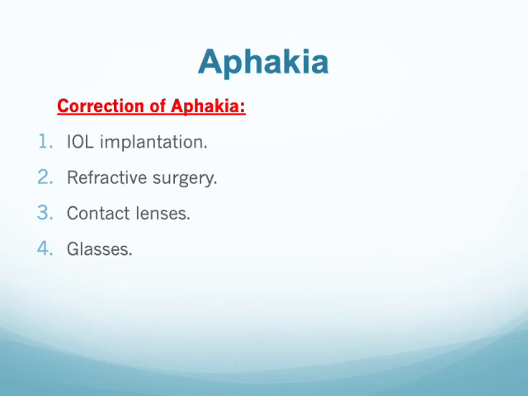Correction of aphakia: the best is the intraocular lens implantation. If you have a good posterior capsule, you can implant in the posterior chamber, which is ideal, or in the anterior chamber, or a posterior chamber iris or scleral fixated lens, or you can implant in the anterior chamber with a phakic IOL or iris supported IOLs.